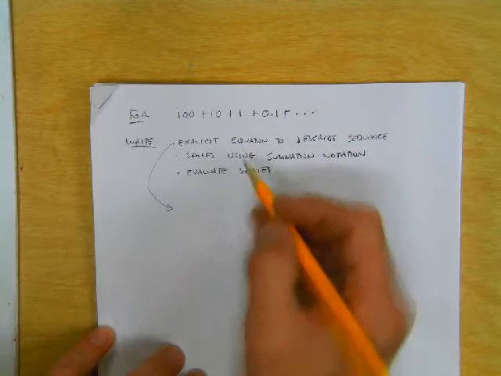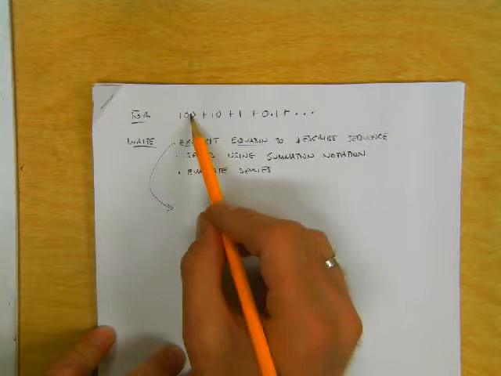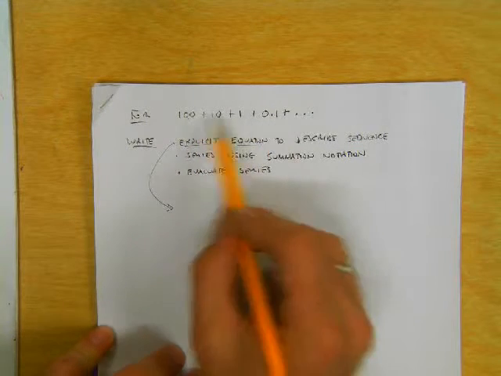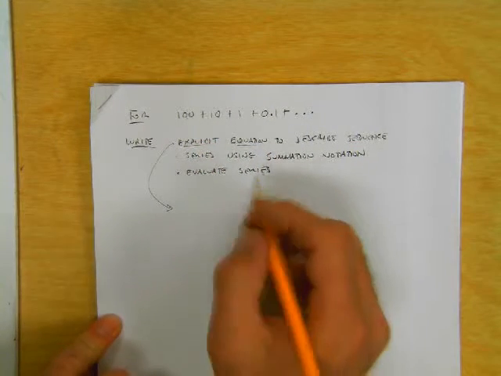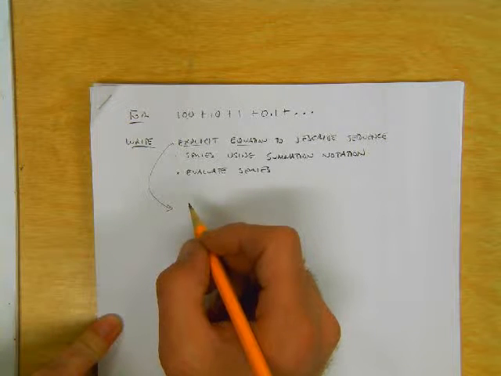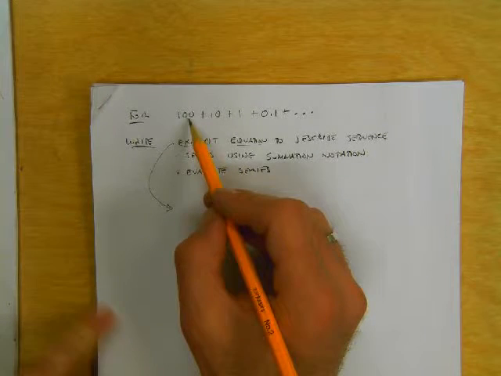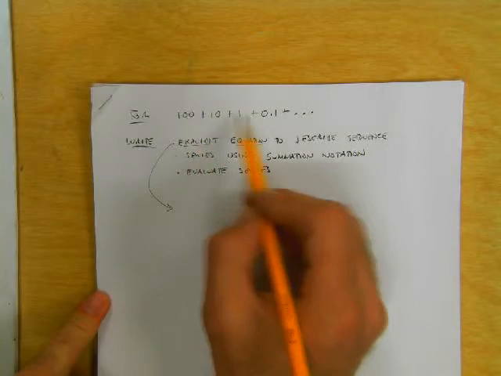So let's see if we can figure out how to write an explicit equation to describe this sequence of numbers which added together make a series. So the first thing we need to do is determine whether it's arithmetic or geometric. And it looks like we are dividing by 10.